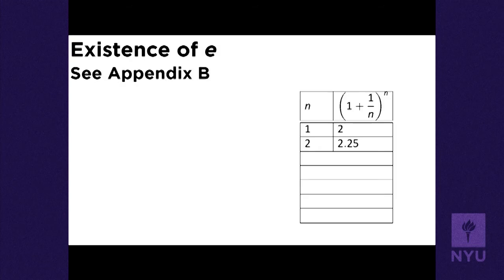So what is e? Well, here's a table by which we can get numbers closer and closer to e. Like we said, take 1 plus 1 over something to that thing power. 1 plus 1 over 1 to the 1 power is 2 to the 1, and that's 2. 1 plus 1 over 2 to the 2 power is 3 halves squared.